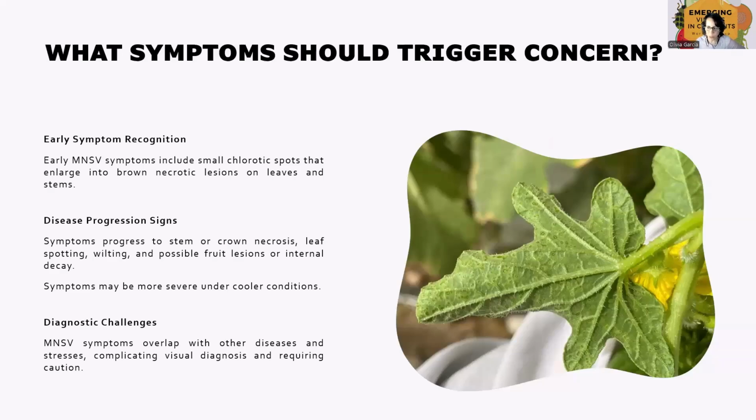The challenge with the symptoms I described is that they are not unique to MNSV. Other cucurbit viruses and even some bacterial or fungal diseases can produce similar necrotic spotting and stem symptoms. So suspicious symptoms should trigger testing rather than a visual diagnosis.